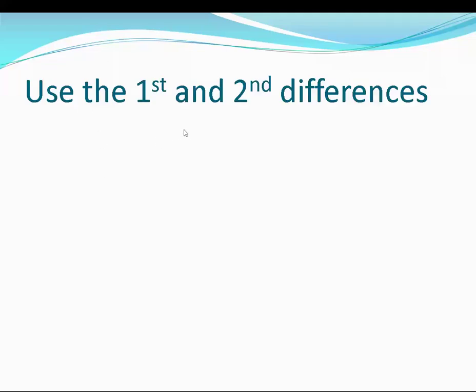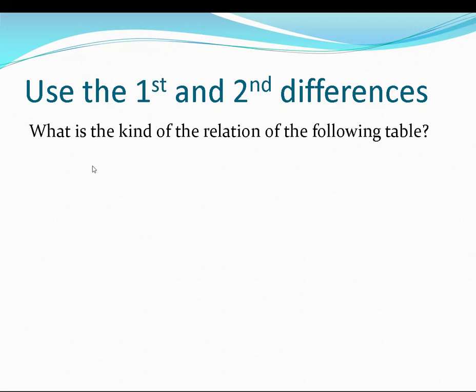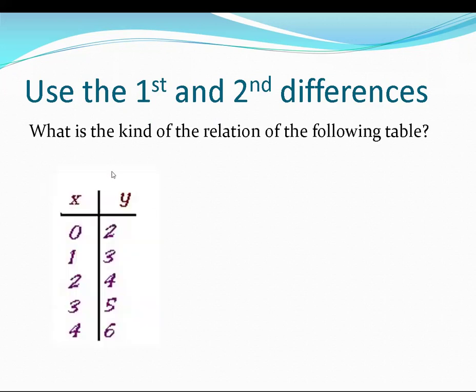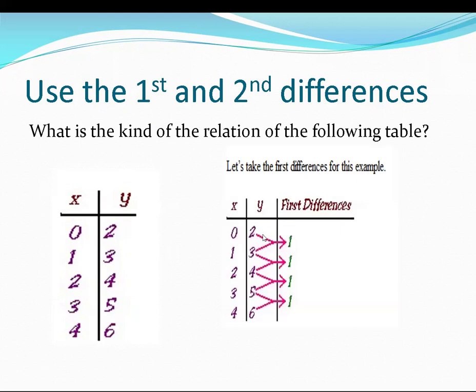Use the first and the second difference. What is the kind of relation in the following table? Table 1: x equals 0, 1, 2, 3, 4; y equals 2, 3, 4, 5, 6. What's the difference between values of y? 3 minus 2 equals 1, 4 minus 3 equals 1, 5 minus 4 equals 1, 6 minus 5 equals 1.